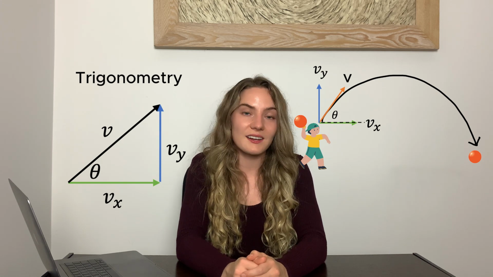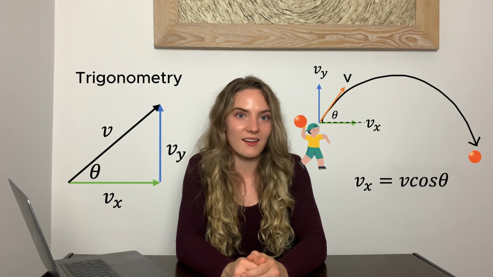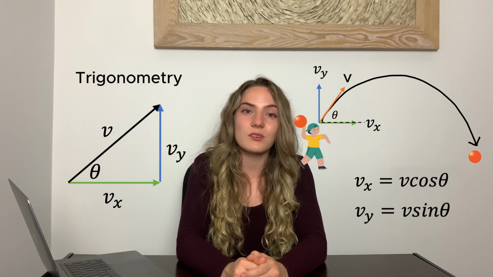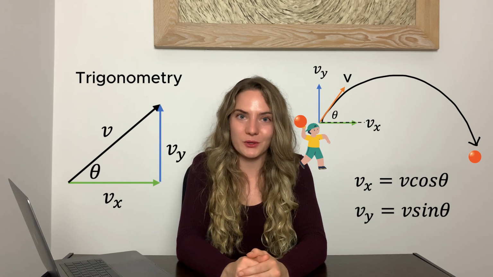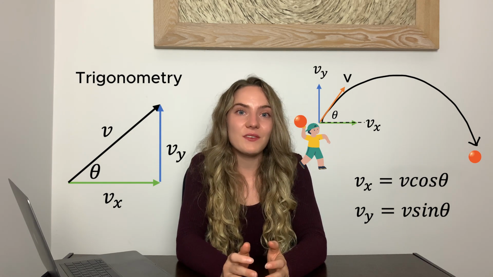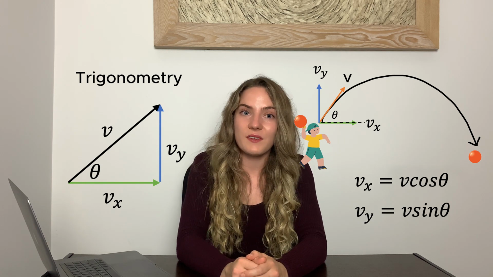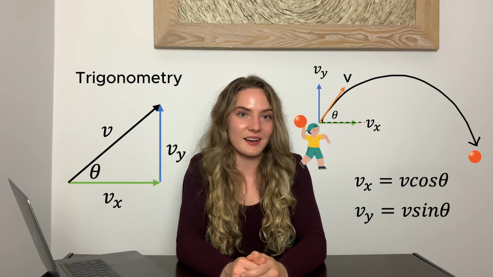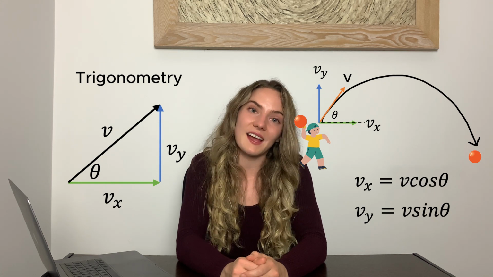And what you find is that Vx is equal to V cos theta, and Vy is equal to V sine theta. So when you're answering projectile motion questions, if they give you the velocity of the object, you can use Vx equals V cos theta and Vy equals V sine theta to find Vx and Vy.